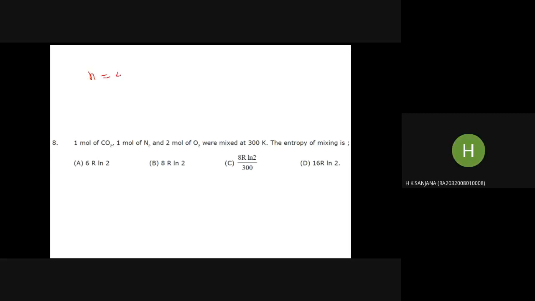You can calculate and tell me the answer. If you find any difficulty in calculation, let me know.